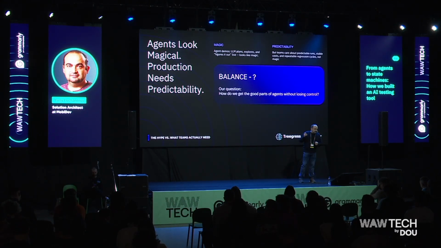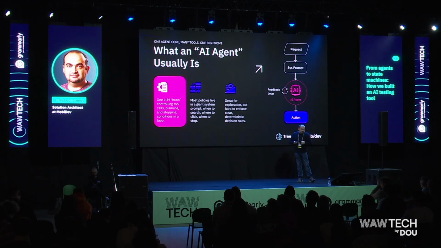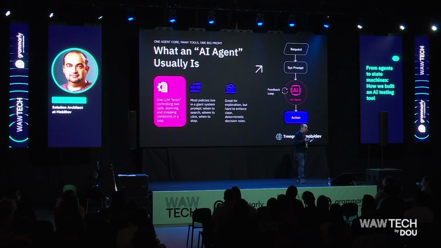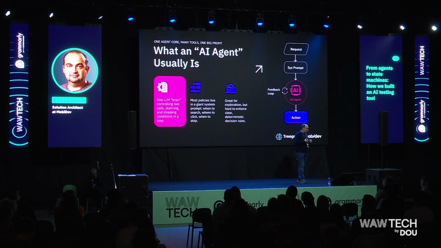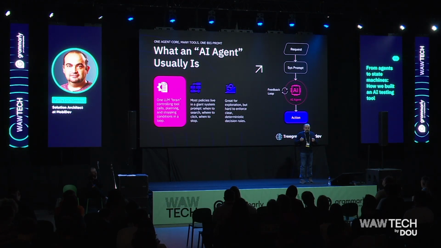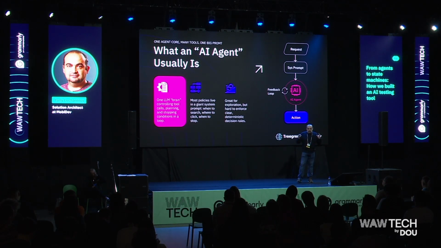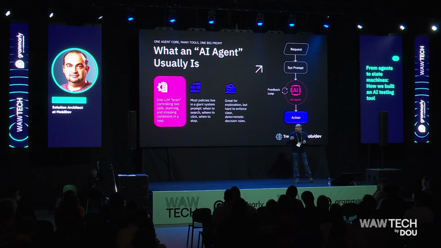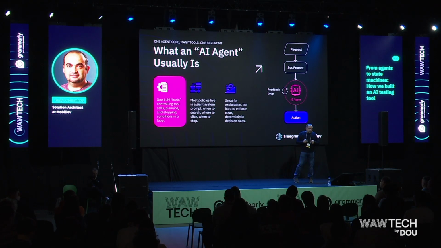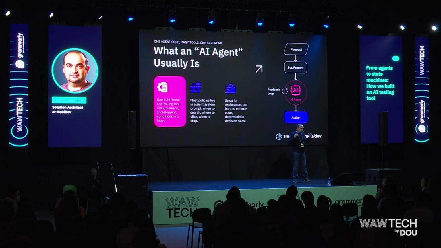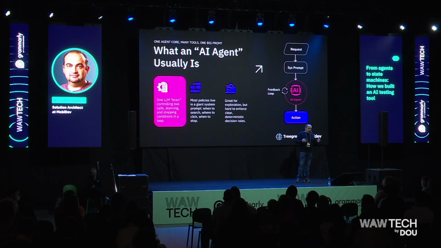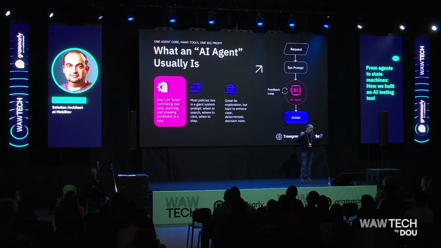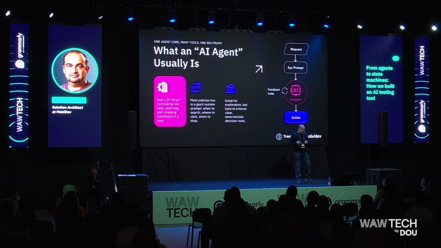So let's dive deep. What actually is an AI agent right now? Usually, an AI agent is just a central brain system. As you can see on the diagram on that slide, it's a feedback loop around the main brain, which contains a huge system prompt.